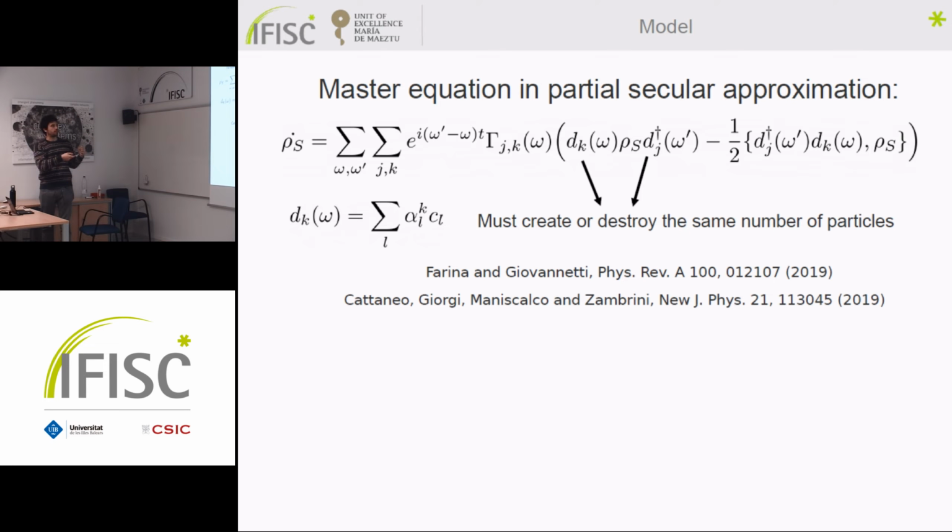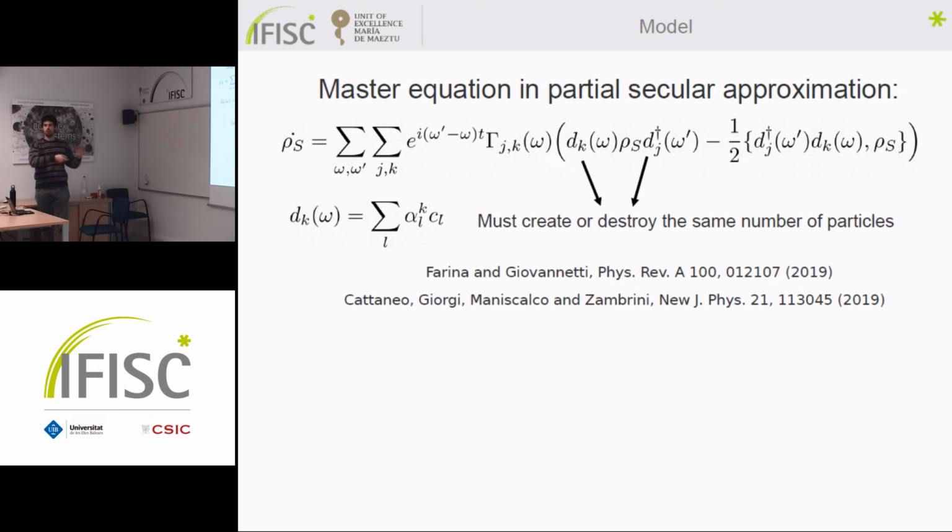Because if this creates two particles instead of one, and this only one, then this energy will be 2 times the energy of a particle. If this creates 2, the omega is the energy gap of the creation, so if you create 2 particles, it's double energy. And here you only have 1 particle, so it's one energy. What does it mean? That omega is 2 times omega prime, and this thing is very big and fast rotating, and you delete it, okay?